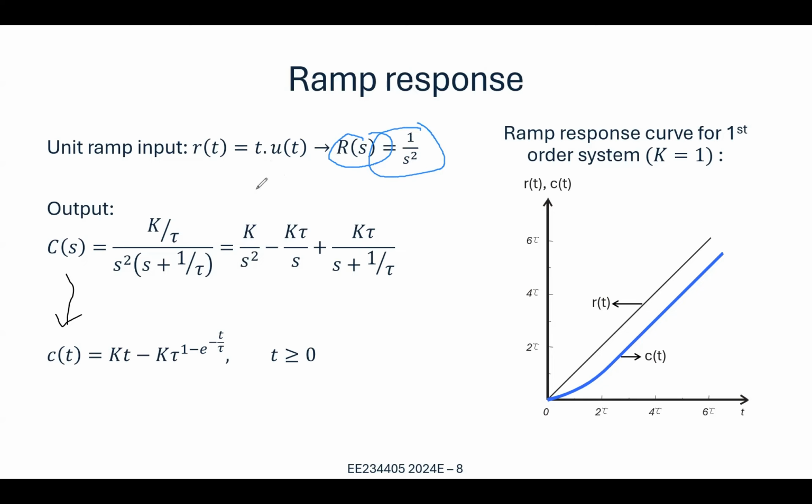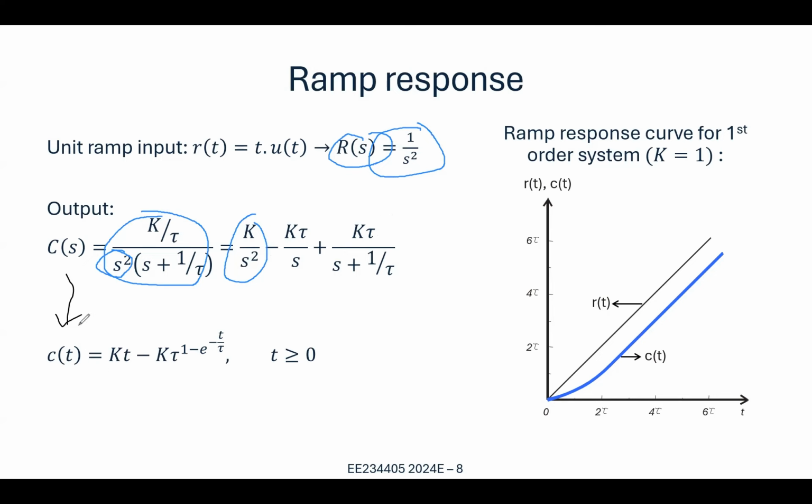And now here it's a bit more complicated. We have one more term here, k per s squared. So we do the same step: we multiply this by 1 per s squared. So we get k per s squared minus k tau per s plus k tau per (s plus 1 per tau).